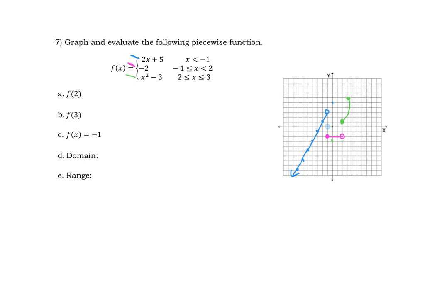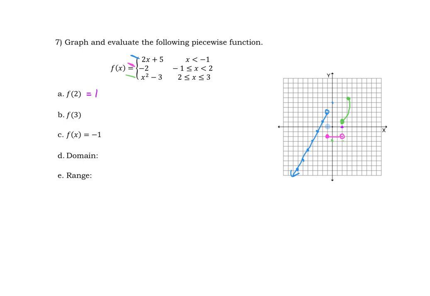So now, with the graph, I can answer these questions. I'm going to talk about using both the graph and the restrictions. So the function at 2. When my function is at 2, which is, let me use another color, which is right here, that answer would be over here at +1 because that's a closed circle, open circle again.